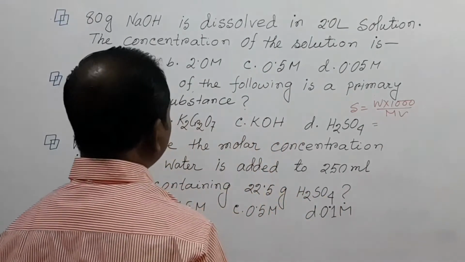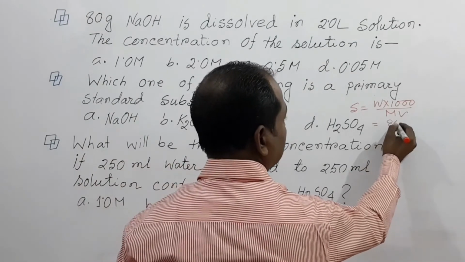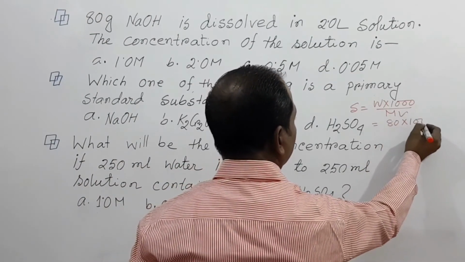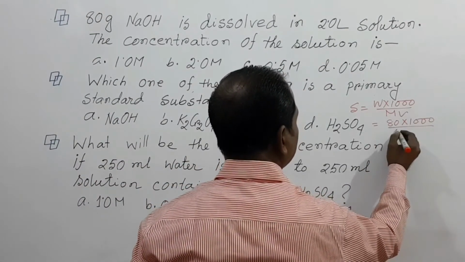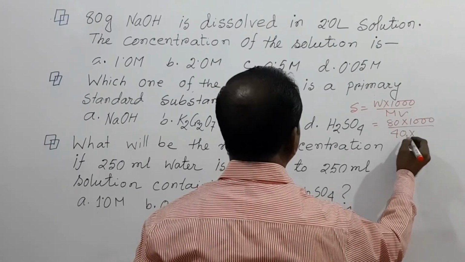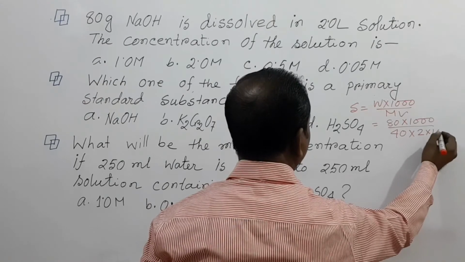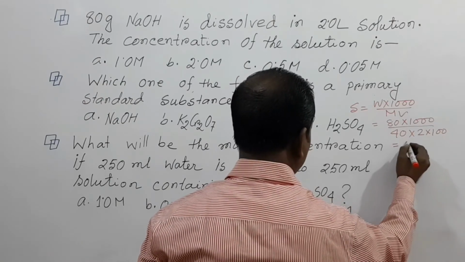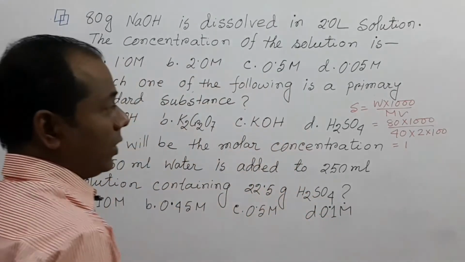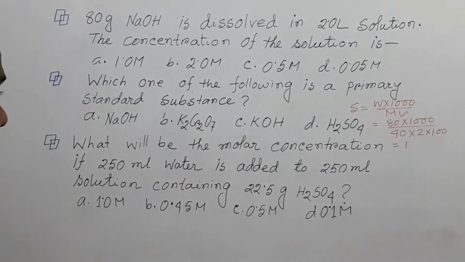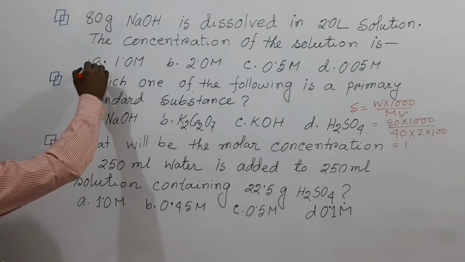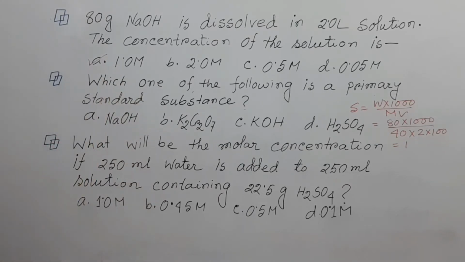The given weight is 80 gram and the molecular mass of sodium hydroxide is 40, and the volume is 2 liter, that means 2 into 1000, and the answer is 1. So the answer is option A, 1 molar.